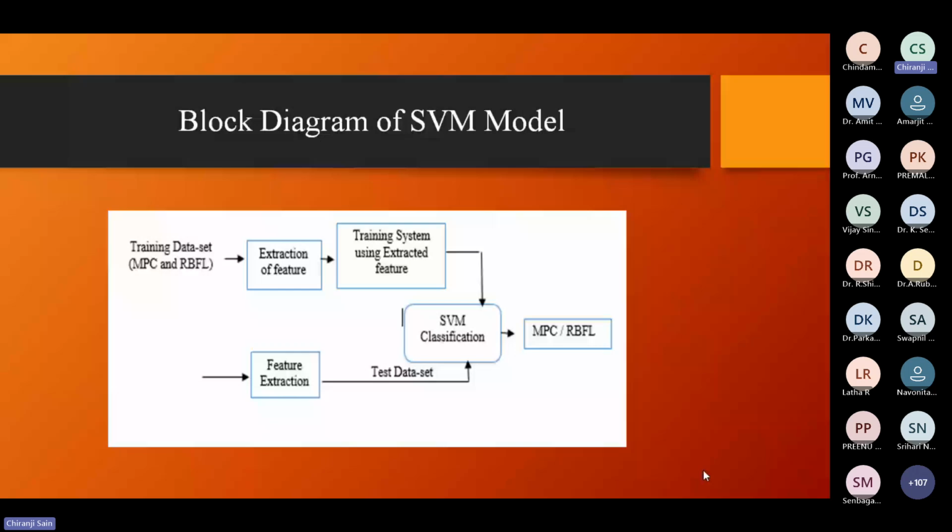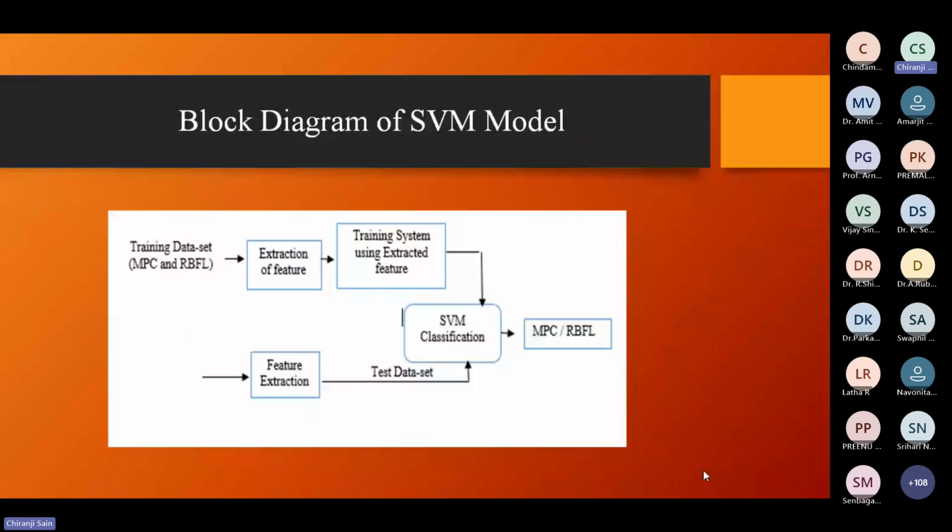After the extraction of the features, the training and testing systems must be incorporated, we need to have the classification of the SVM technique, and finally we need to have the particular selection of the controller, that is MPC or RBFL in this particular strategy.